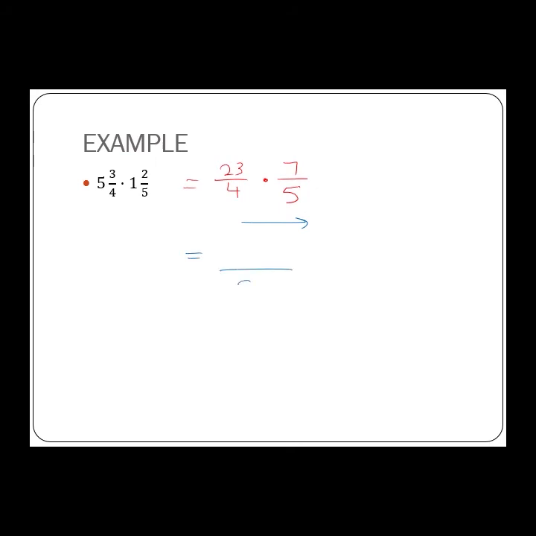And I get 20 on the bottom, and 23 times 7 is 161 on the top. And 20 goes into 161 8 times with 1 left over.